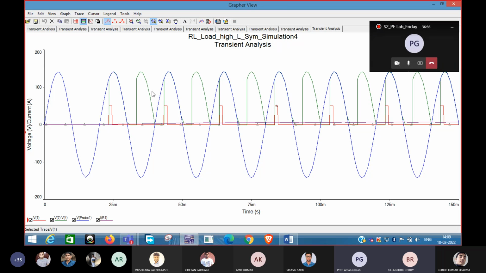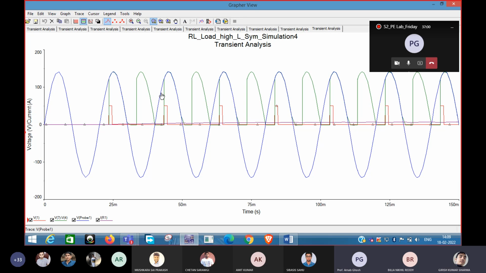So you say different variations of L. Yes, sir. High value means it may be 50 Henry, it can be 100 Henry. Okay, in which respect? Generally we compare, take low and high, with a high value as 1 Henry. So this is for symmetrical.